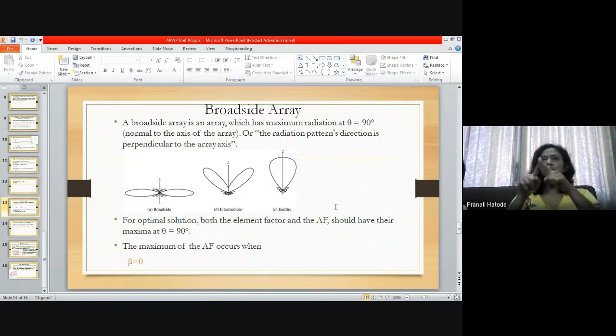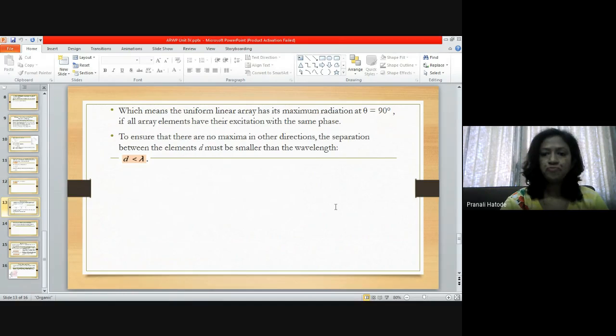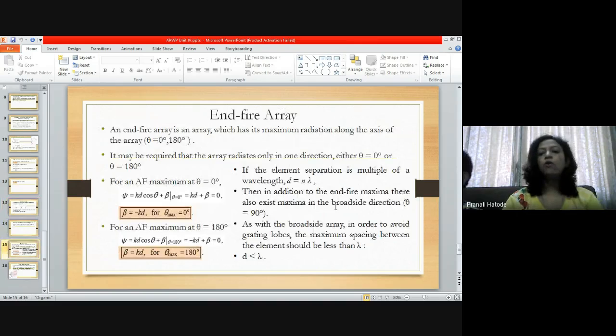Then you will get 4 lobes in 4 different directions. This kind of radiation pattern you will get only if the distance between the elements is a multiple of the wavelength. Okay, so as with the broadside array, in order to avoid grating lobes, you must have the distance between the elements d less than lambda.